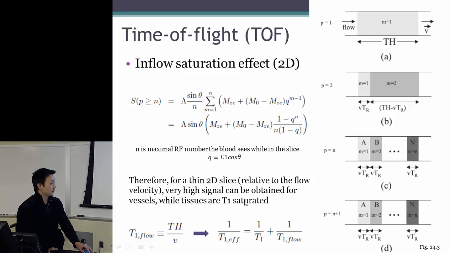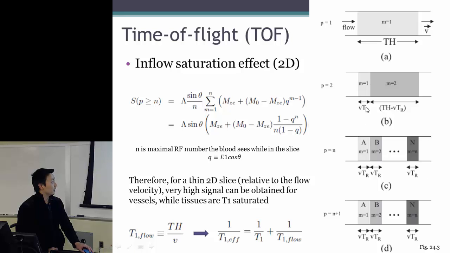So if using a very thin 2D slice, we will only have a small number of these segments for a certain number of RF pulses or TRs. So the blood inside this slice is mostly unsaturated. It is all inflow of fresh blood, so we can obtain very high signals for those vessels.